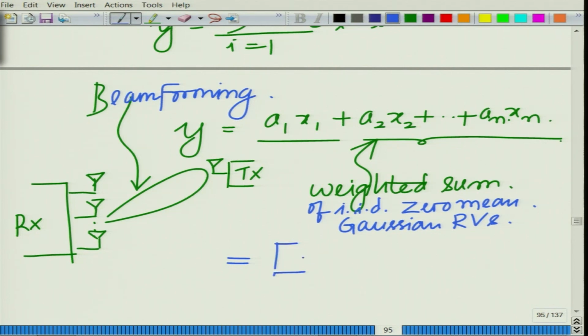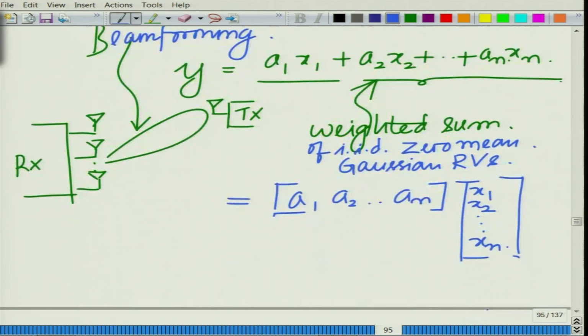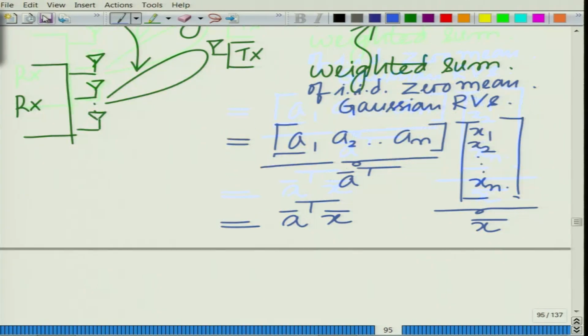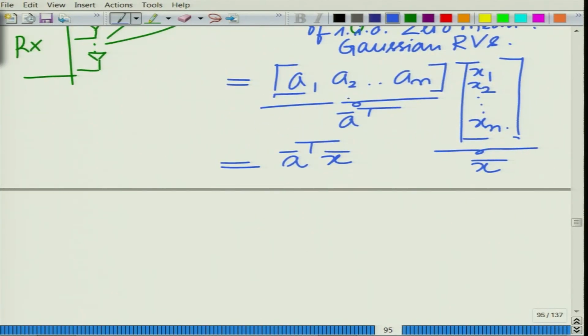We can also write this as the row vector a1, a2, ..., an times the column vector x1, x2, ..., xn, which is a bar transpose times x bar, where a bar transpose is the row vector a1, a2, ..., an, and x bar is of course the column vector x1, x2, ..., xn.